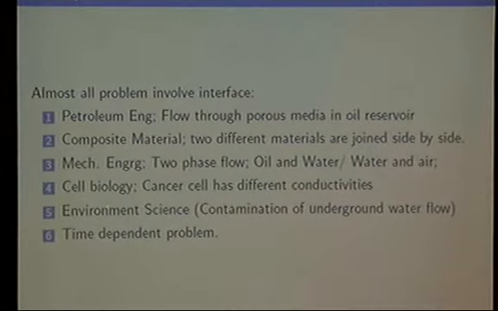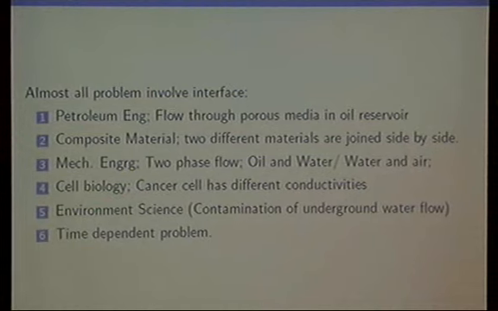Recently, there is much research going on in cancer cell biology, and the cancer cell has many different properties, like electrical conductivity. Like yesterday's talk on inverse problems, people use some kind of electric device to check the resistance, etc. Then the cancer cell has a different physical property there. So there are many problems in bioscience.